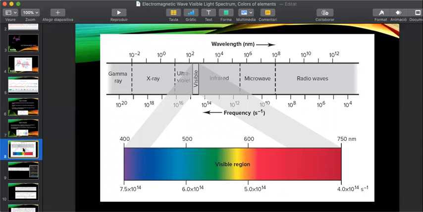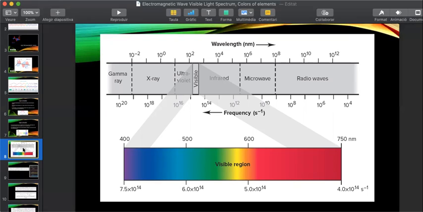So the visible region is between 400 nanometers and 750 nanometers. You can find the red color at that wavelength.